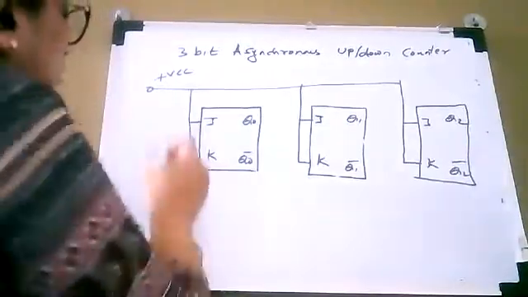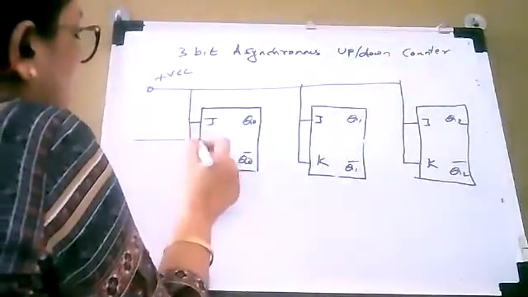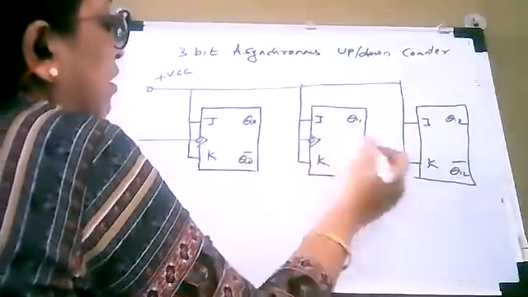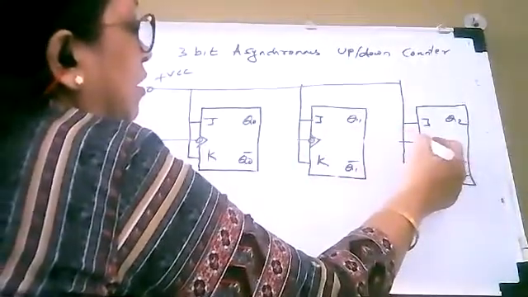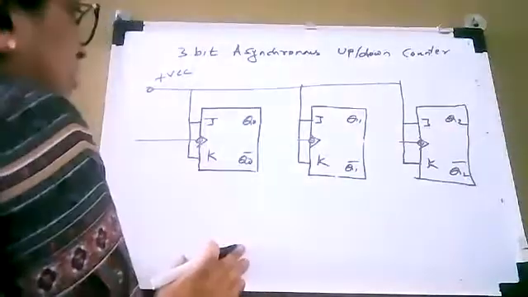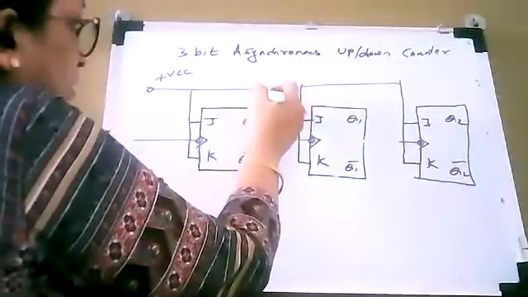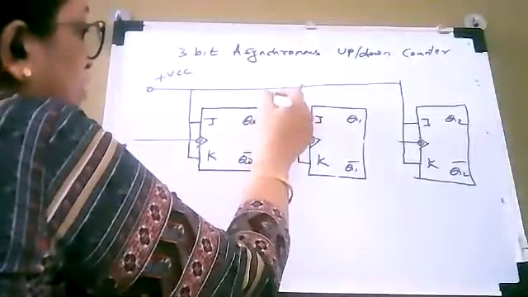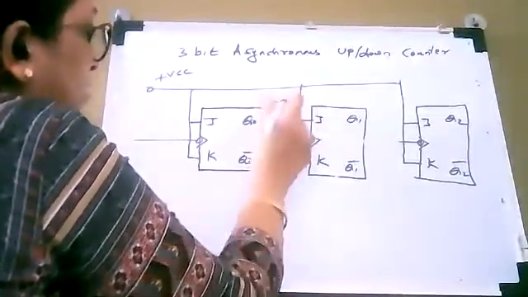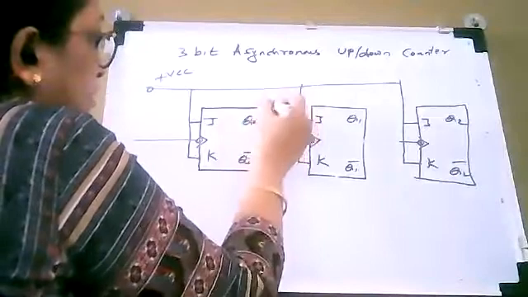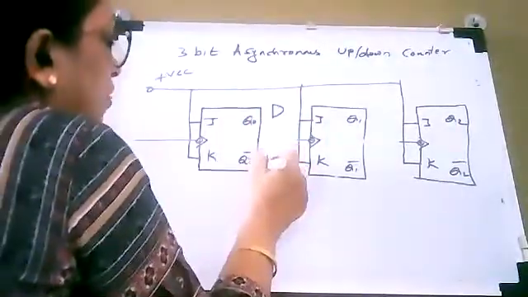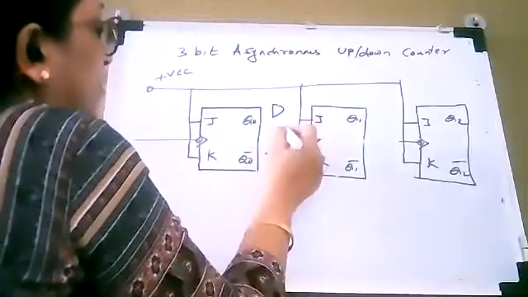Okay. So here we need additional circuitry. Here we are using 2 AND gates and 1 OR gate.